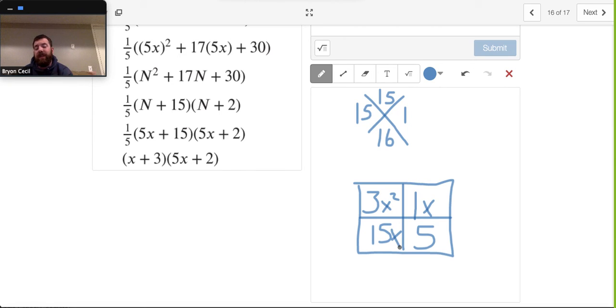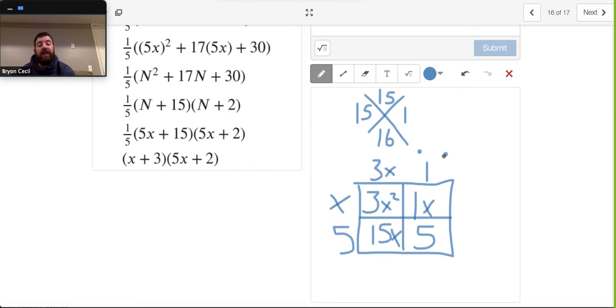So again, 3x squared and an x we have in common, well, just x. And then 15x and 5 have a 5 in common. So x times what gives me 3x squared? 3x. Does that 3x times 5 give me 15x? Yes. And 1 times x is that, 1 times 5 is that.